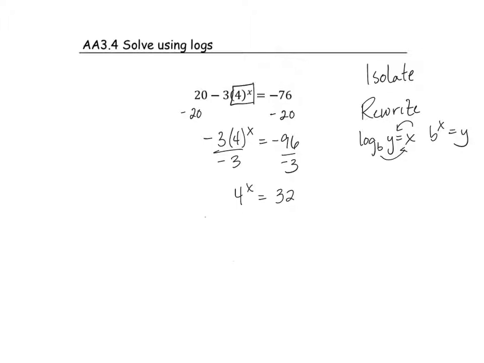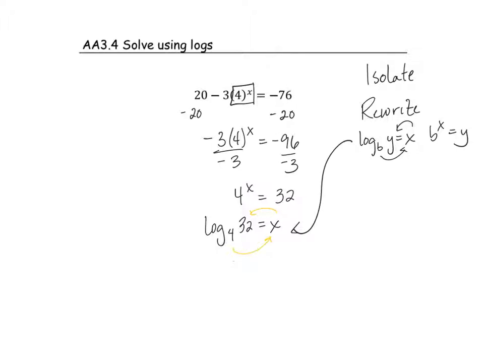So this is going to be log base 4 of 32 equals x. And then I always go back and double check, do I have that as 4 to the x equals, oops, I suppose it would help if I wrote the right number in the right color, 32. And that's the position I'm supposed to have it in. Now, that is our first rewrite.